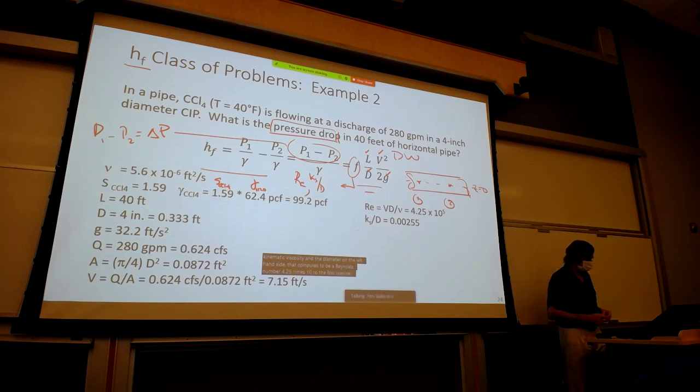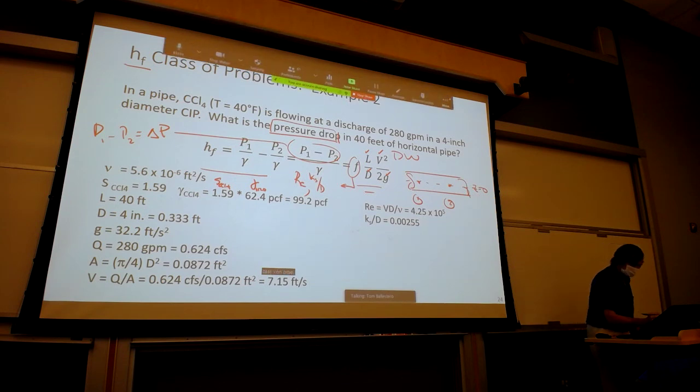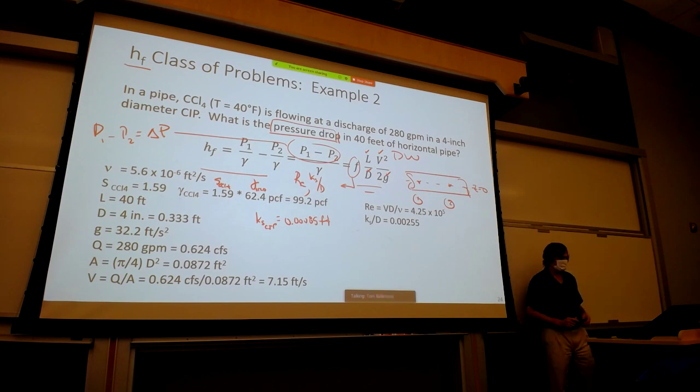Relative roughness is the absolute roughness of cast iron pipe. I didn't put it on here, but it's the same as the last problem, 0.0085 feet.